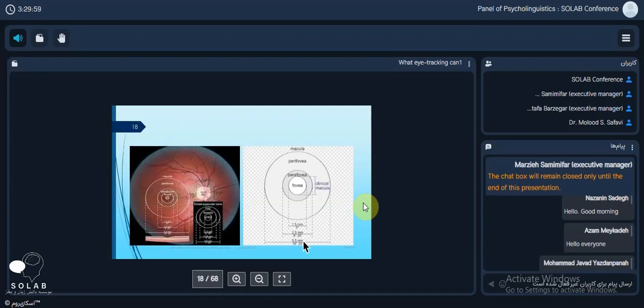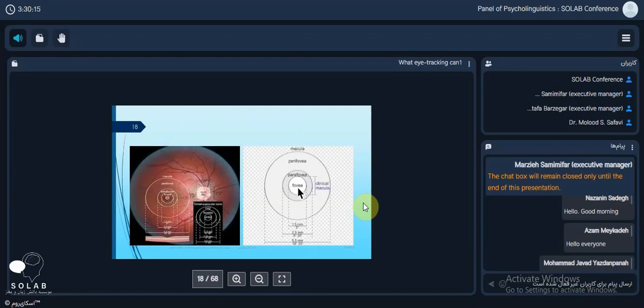That's the parafovea. If you take a look at the retina, the back of your eyes, you can find a yellow part that is called the macula.